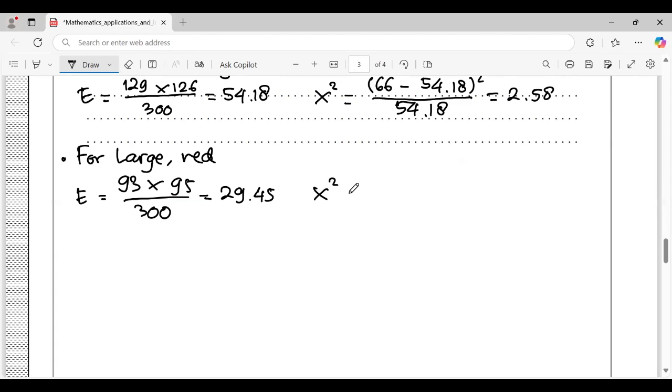And the chi-squared calculation for large red is 46 minus 29.45 squared over 29.45. This is 9.30.